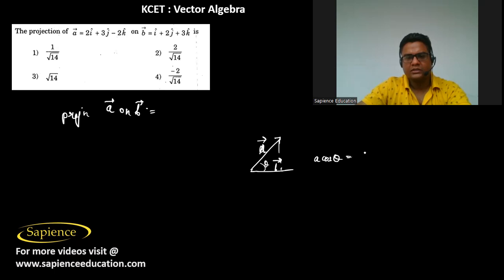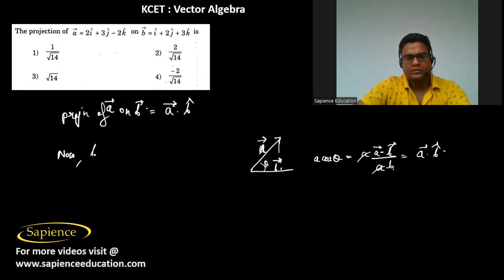And cos theta I can write as A dot B by magnitude of A into magnitude of B. So this is nothing but A vector dot B cap. So the projection of vector A on vector B is nothing but A vector dot B cap.